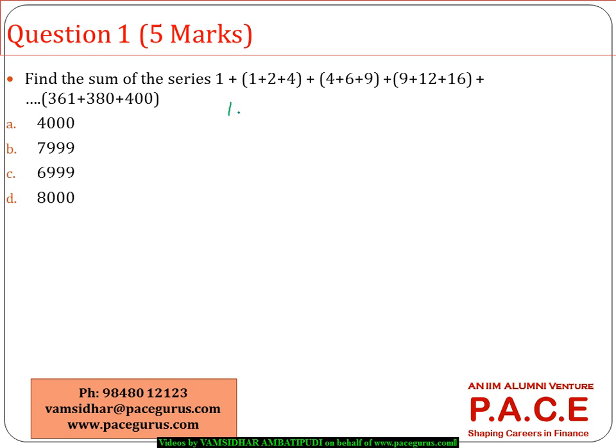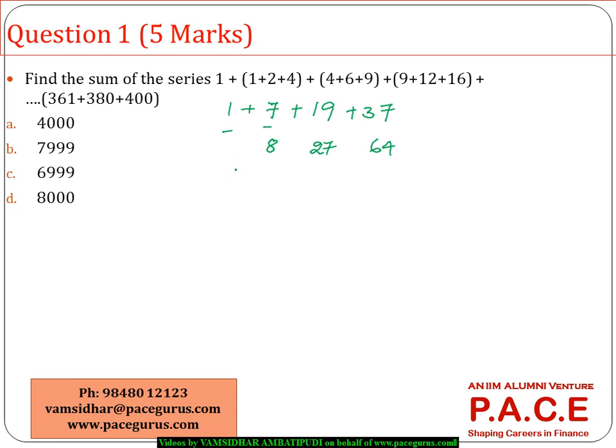Probably if we look at this, 1 plus 7, plus 4 plus 6 is 10, plus 9, 19, plus 21, plus 16, 37. First of all, 1 plus 7 becomes 8, 8 plus 19 becomes 27, 27 plus 37 becomes 64.